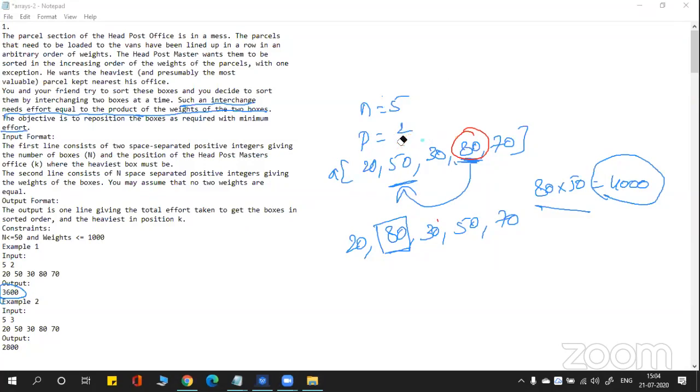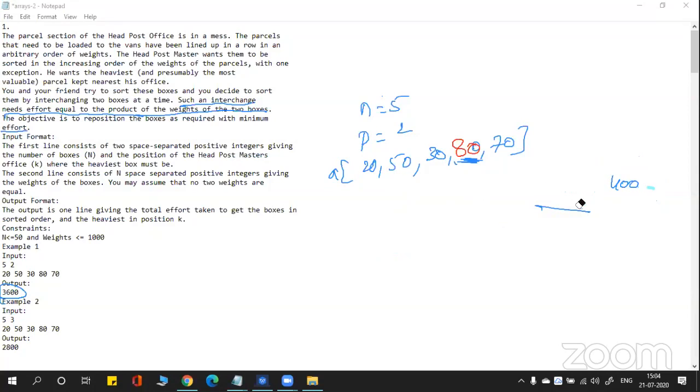So what can we do? My value is 80. Instead of doing this process, directly shifting with the K position, what can we do?